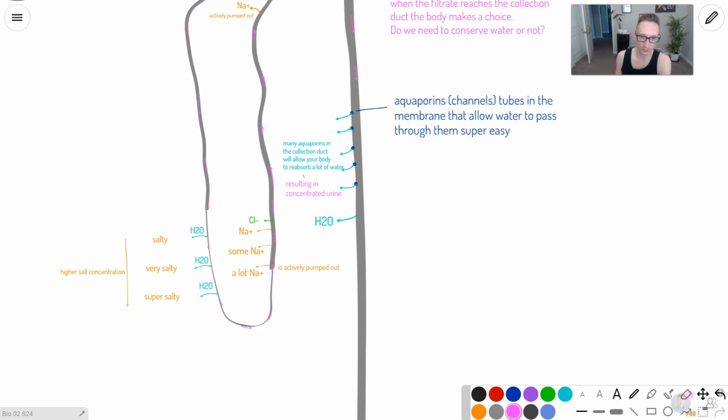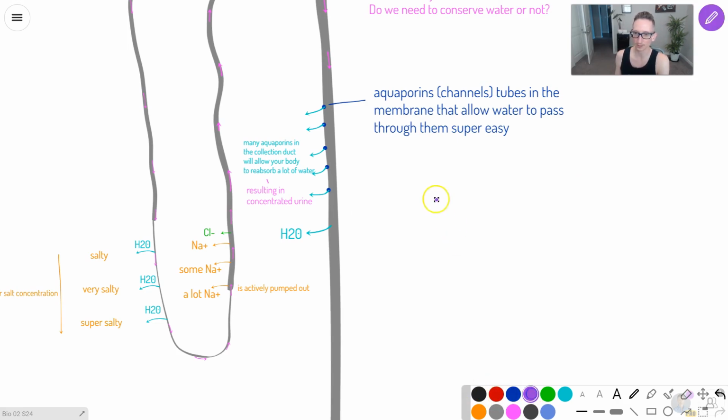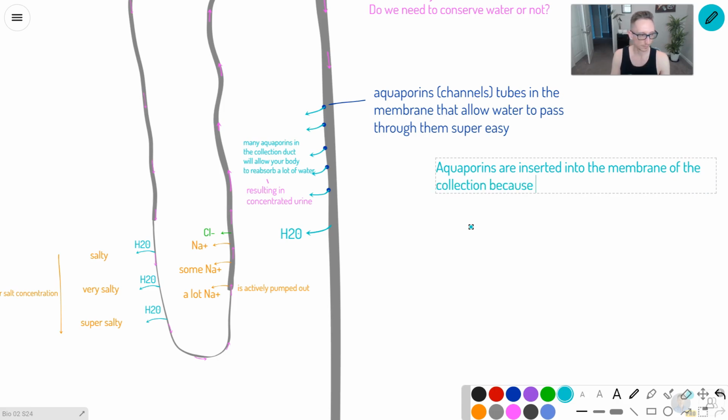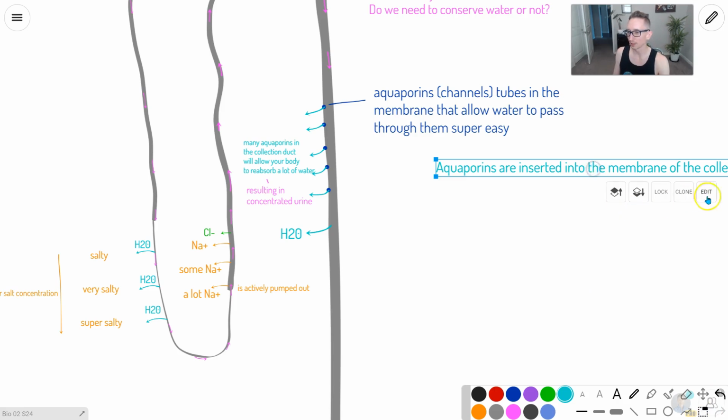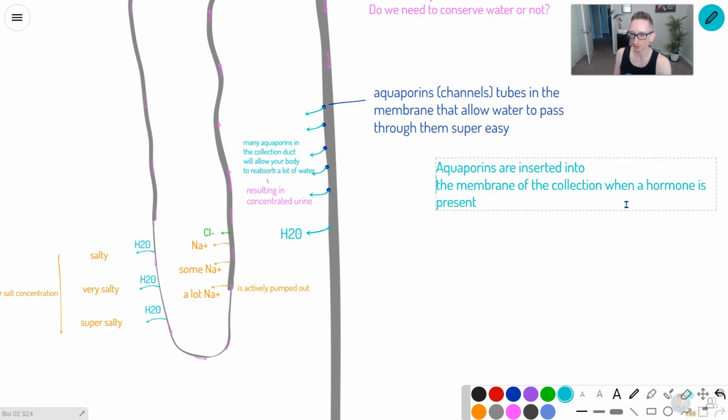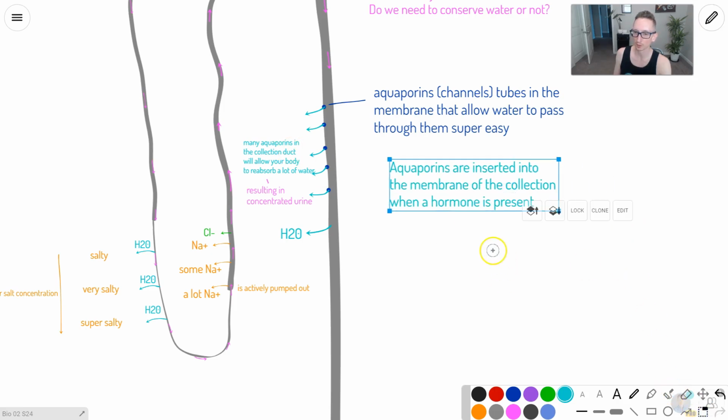All right, and this is controlled. This is really fascinating. So I'll write this in this blue. Aquaporins are inserted into the membrane of the collection duct when a hormone is present. So the cells listen for this hormone, this signal, and when this hormone is present, they put in a lot of these pores.